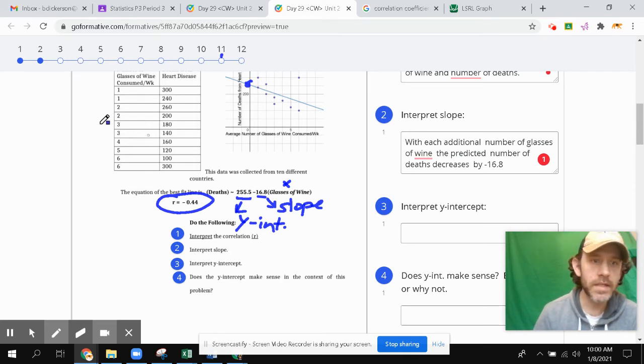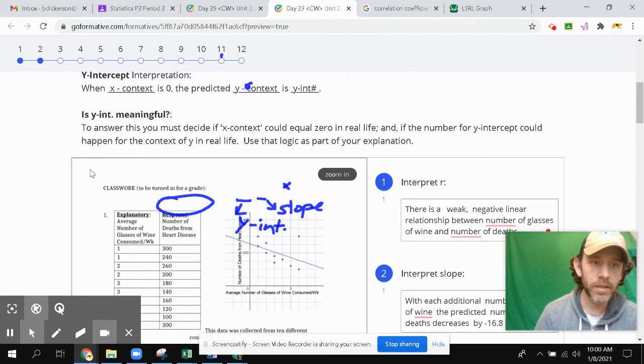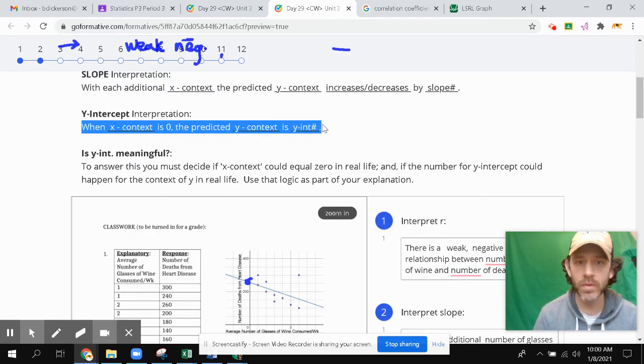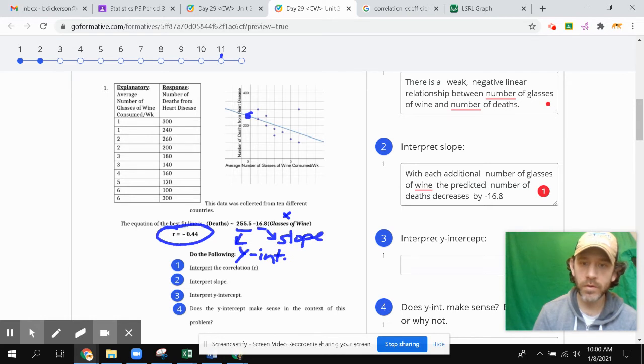Okay, what do we say about y-intercept? Well, we can go back to the top again and see that this is the framework. When we talk about y-intercept, it always happens when x is 0. So we go up there, we highlight that, we plug in for number 3, and we copy. See if it works.